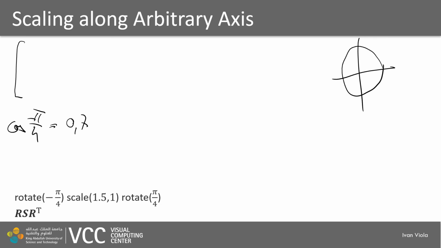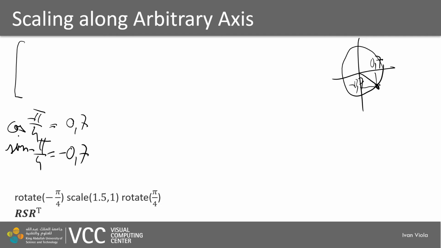So minus pi/4 is this value here, and it will map to 0.7 approximately, but for sine it is minus 0.7, so the sine of minus pi/4 is equal to minus 0.7, approximately.